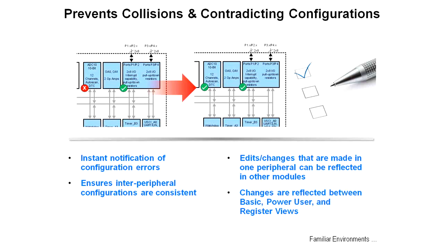Edits and changes that are made in one peripheral can be reflected in other modules, and if you make changes in the basic view, that will be reflected in the power user and register views, and vice versa. You can see up at the top here in the diagram, it's telling you, nope, you can't do that based on what you've done before. That way, we prevent you from getting to a point where you run the code and don't know what's going on.